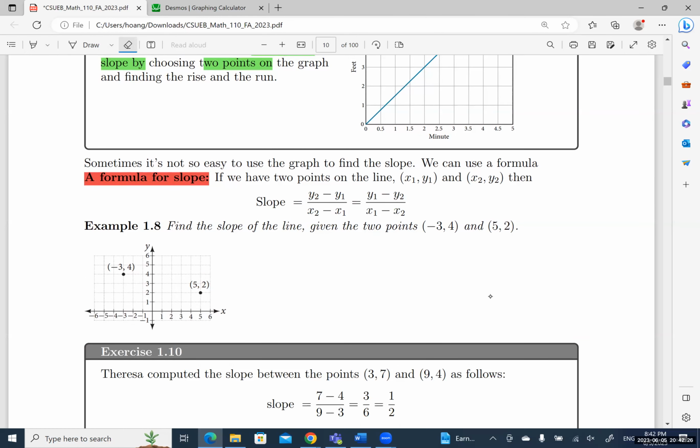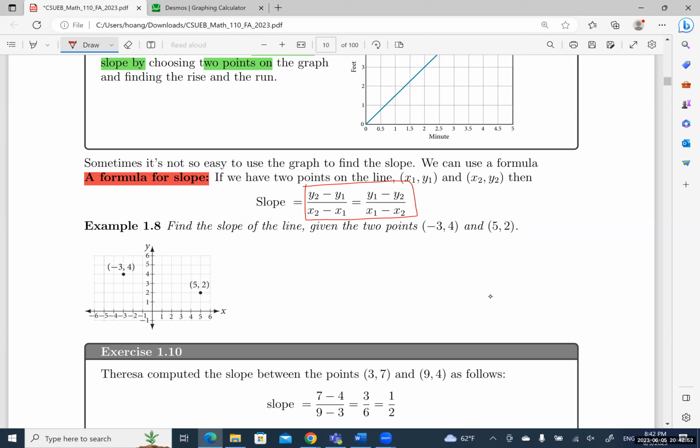So you also sometimes will see the formula for the slope as y2 minus y1 over x2 minus x1, or you can use another order, y1 minus y2 over x1 minus x2.